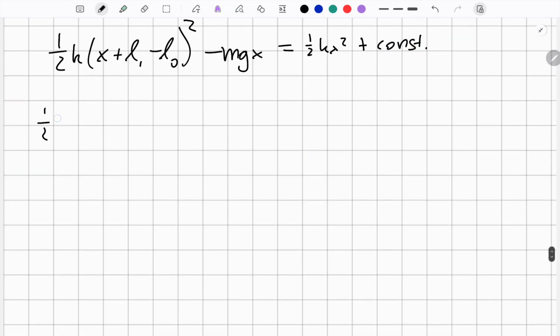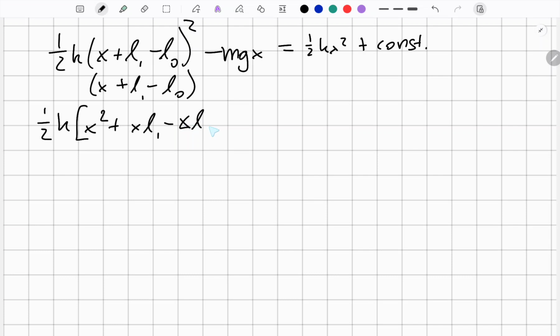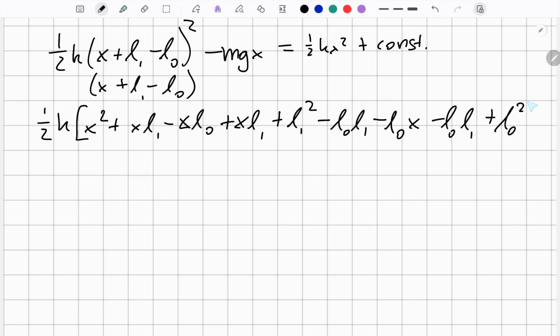So working this out, we're going to have 1/2 k. I'm going to do this in brackets, just so I can see it a little easier here. And end up with x squared plus xL1 minus xL0 plus xL1 plus L1 squared minus L0L1 minus L0x minus L0L1 plus L0 squared.